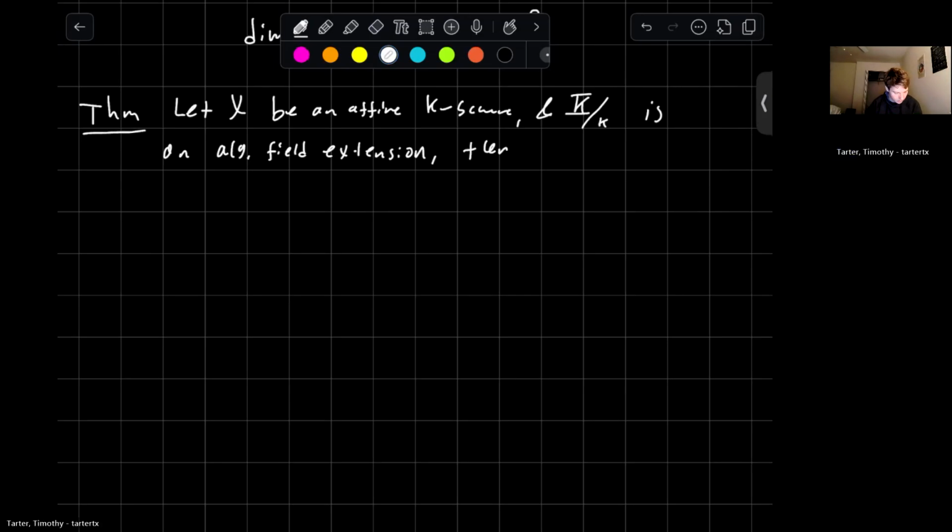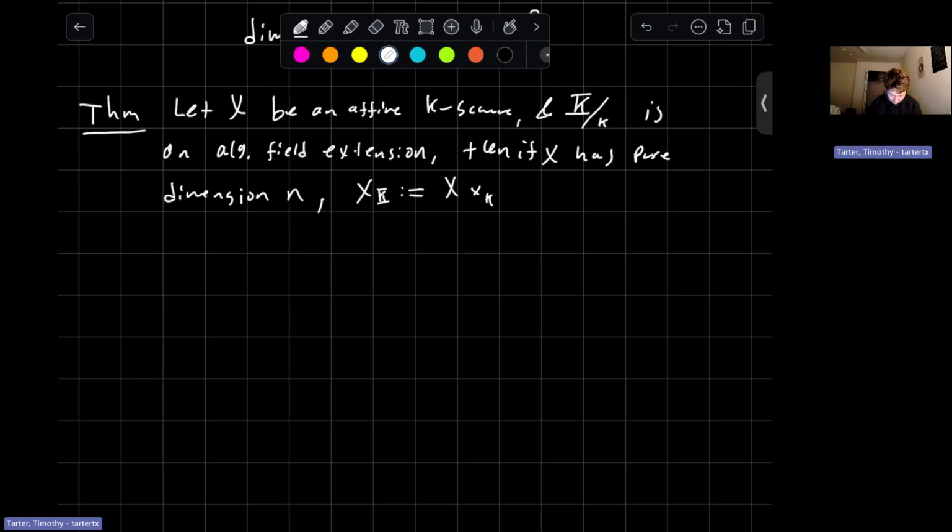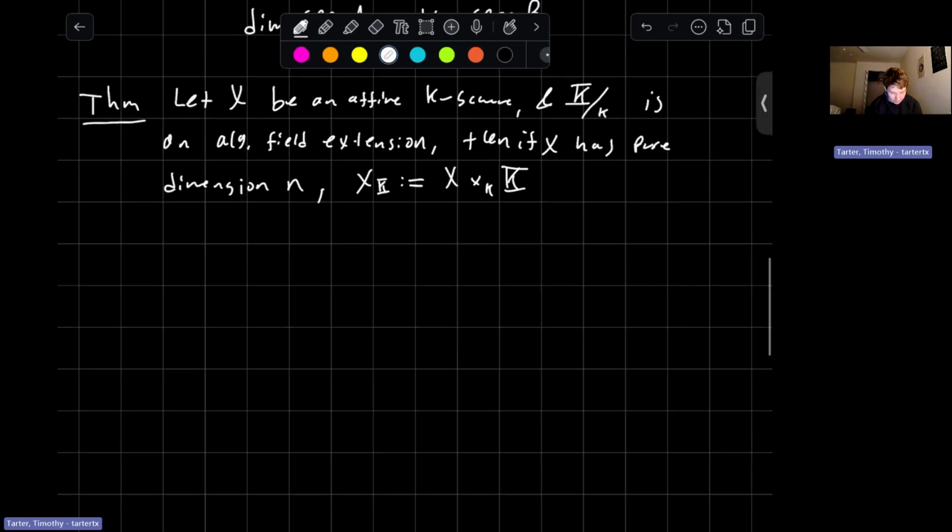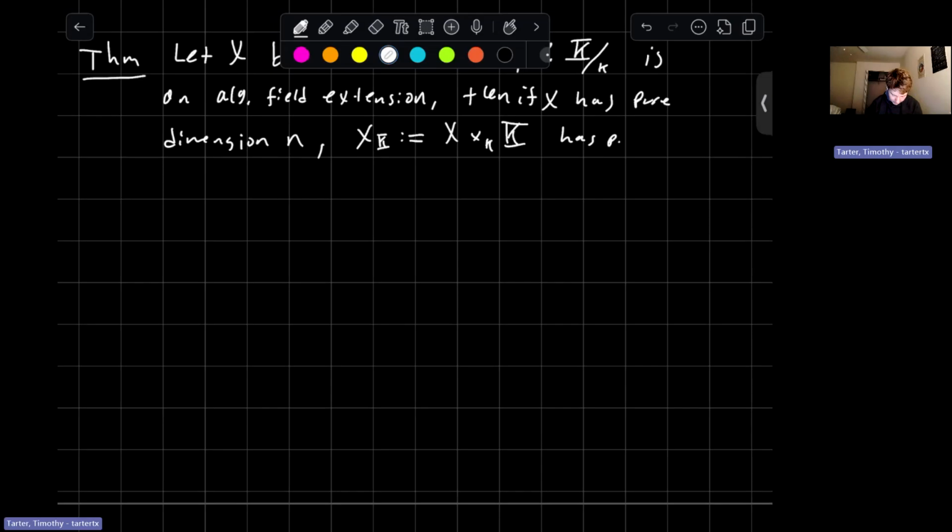Then if X has pure dimension n, then X_K, which is defined as the fibered product over little k of X with capital K, has pure dimension n.